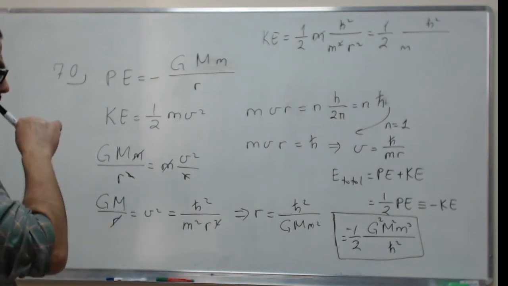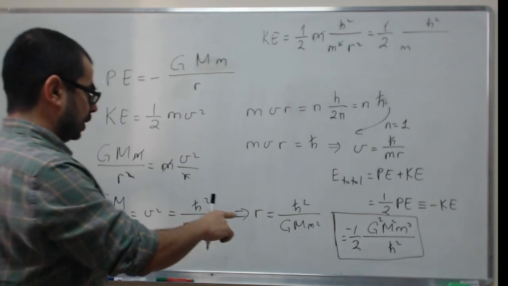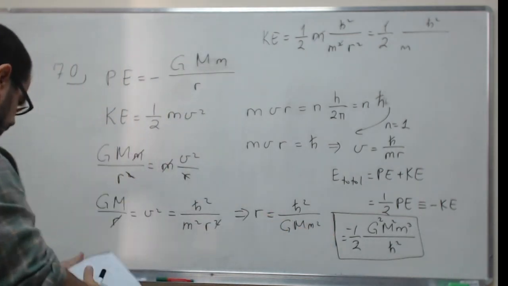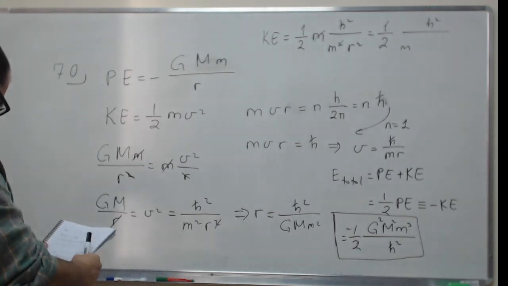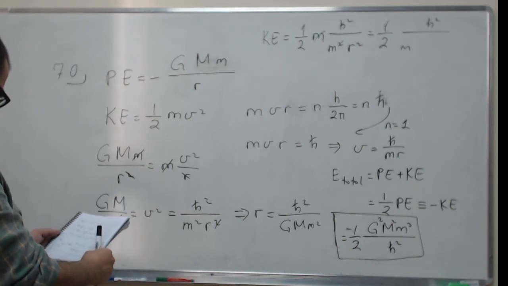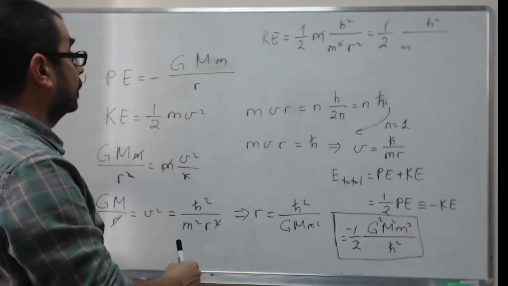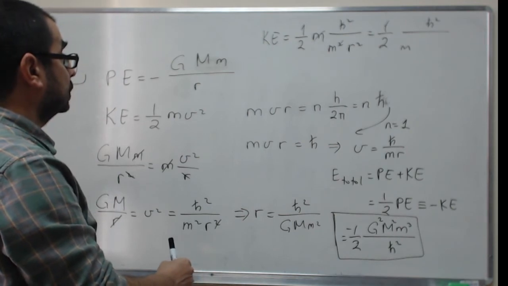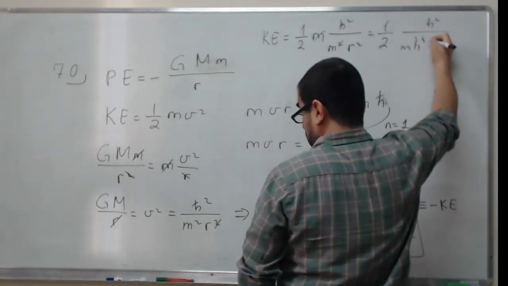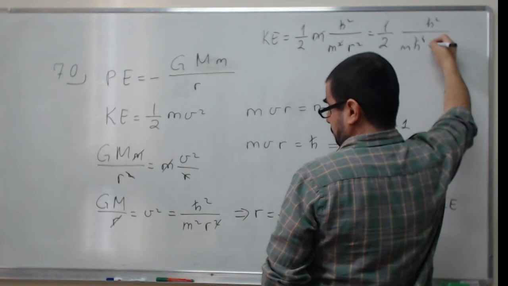There is a problem somewhere. When I made this substitution, is there a problem? Let me check. Yeah, I don't know. Let's just proceed. So we'll see. So m times r square is going to be h bar to the 4 over m square.